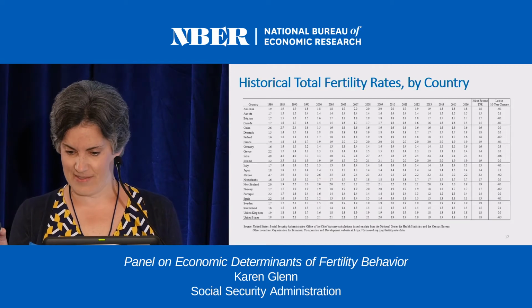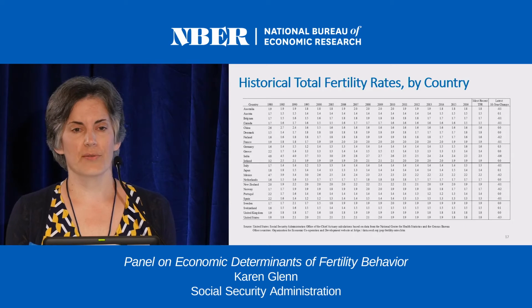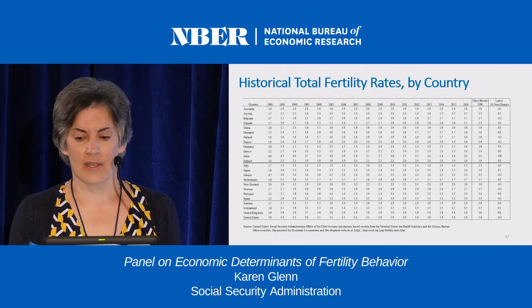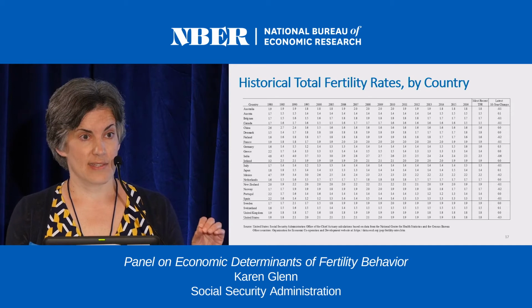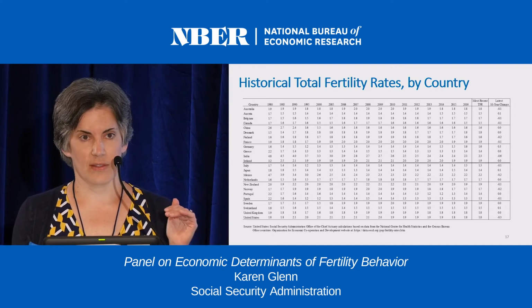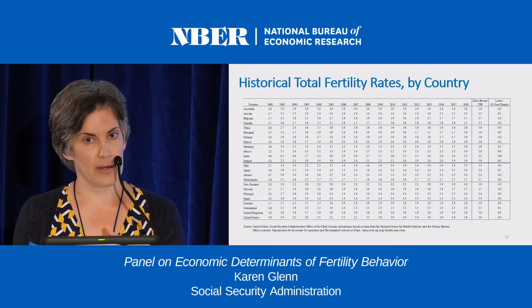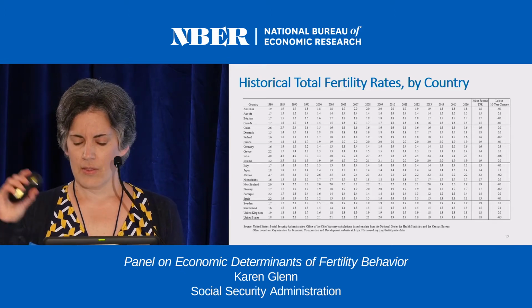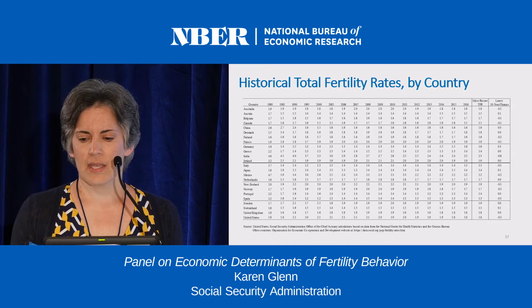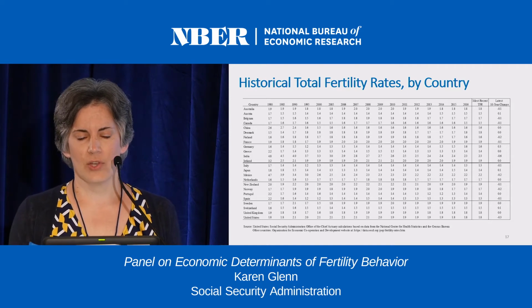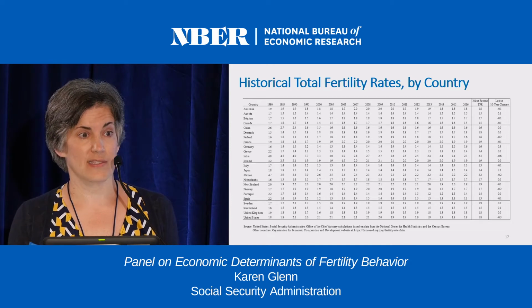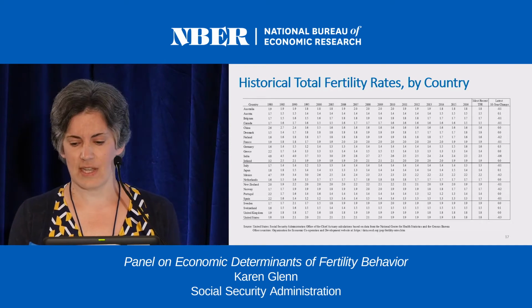Okay, slide 17. One other thing we like to look at is fertility rates by various countries. A lot of numbers on this slide. One very interesting thing to notice is at the very bottom is the United States. The rightmost column is the difference in the total fertility rate from 2006 to 2016, so the most recent 10 years.